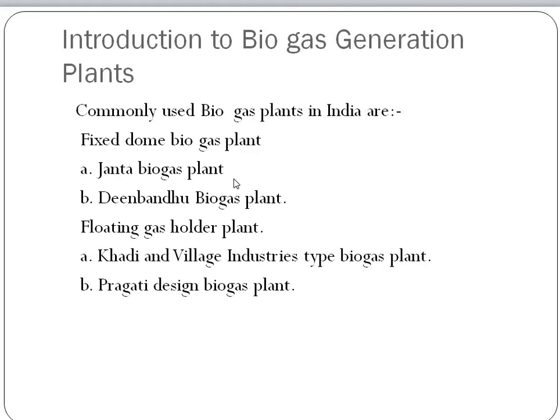In the floating gas holder type, we have the Khadi and Village Industries type biogas plant and the Pragati design biogas plant. These are some of the biogas plants implemented in India, but we have to draw only the Janata biogas plant, which is a simple and small biogas plant.